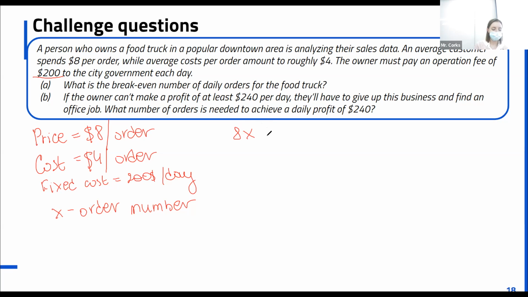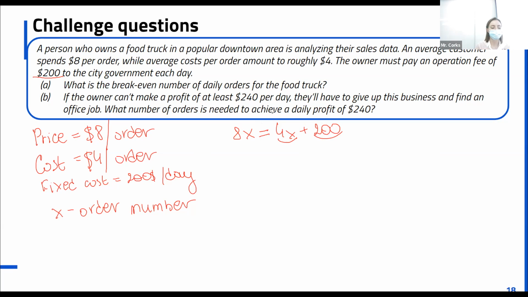And it should be equal to the losses he experienced, to his costs. So 4x plus 200, the variable cost and the fixed cost. Variable because it varies depending on the number of orders, and fixed cost because no matter how many orders he gets, it will be 200.